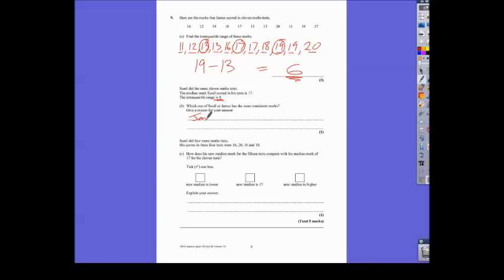So James is more consistent as he has a lower interquartile range. Again, you must write in full sentences, don't just put James.